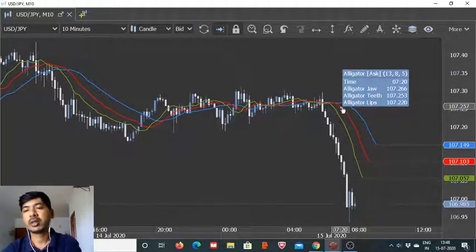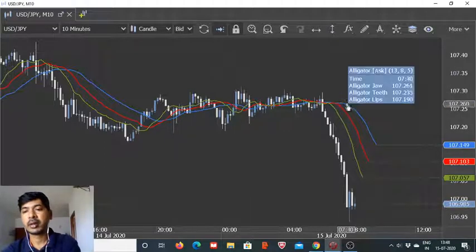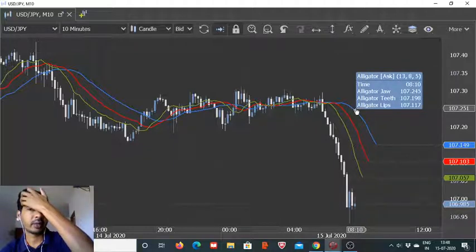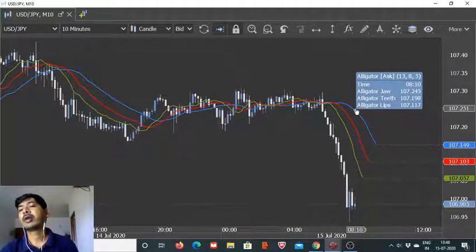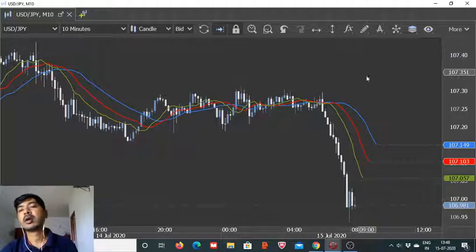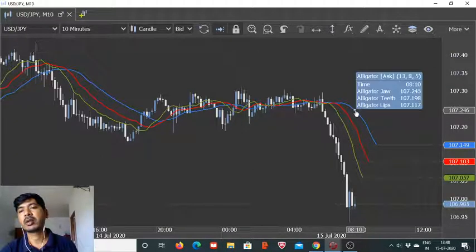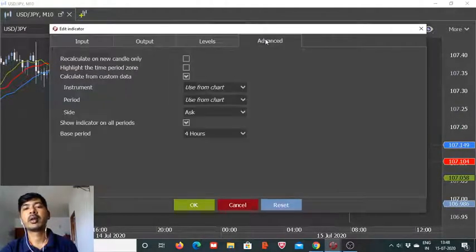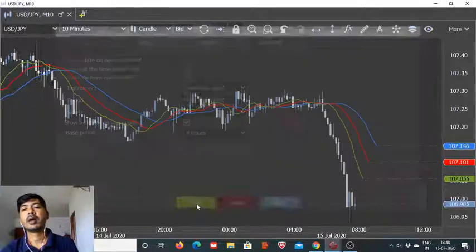Now the calculation is on the ask side, and as you can see, the current value stands at 107.245 for the alligator jaw. Suppose we choose a different setup, just remember this value, 107.245, and if we now make the calculation dependent on the bid side, you will have a slightly different output value.